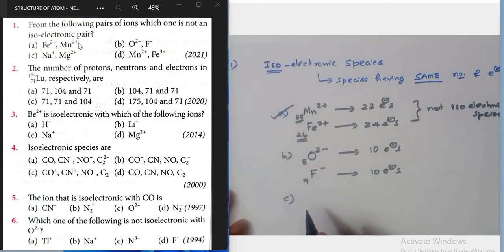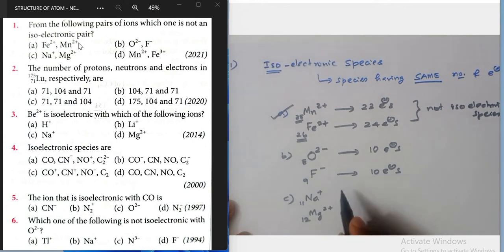What about option C? In option C, we have Na+ and Mg2+. Sodium atomic number 11, magnesium atomic number 12. Neutral sodium has 11 electrons, but now sodium is given as +1, so one electron is removed, and the sodium ion has only 10 electrons.